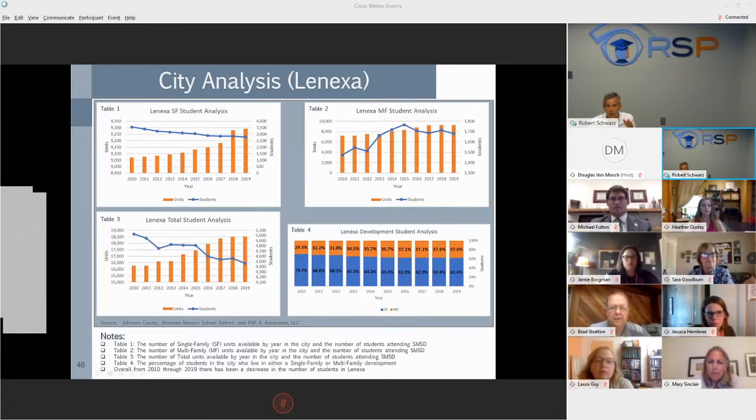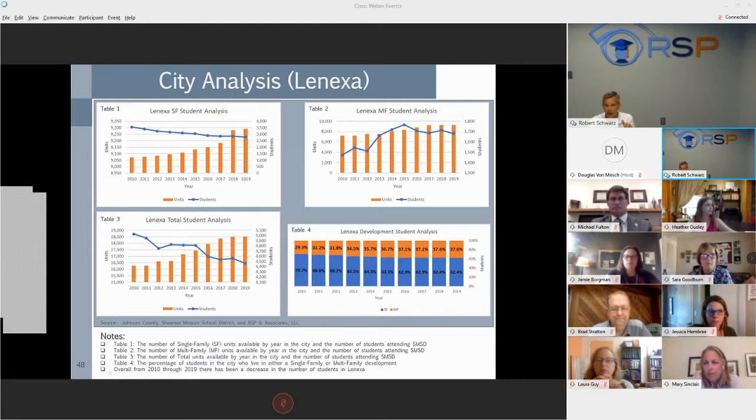And so the columns, these orange columns, represent the number of units. So we can see in 2010, we can see the number of single-family units has ramped up in 2018 and 2019, but the number of students that we've received from 2010 to 2019 has decreased. When we look at Table 2, we've isolated for multifamily units, which is everything that's not single-family.